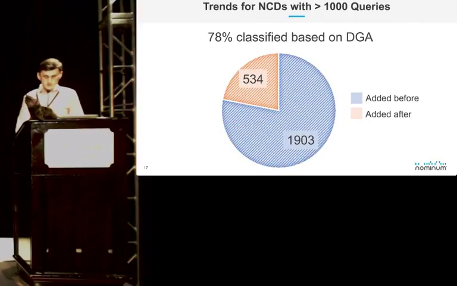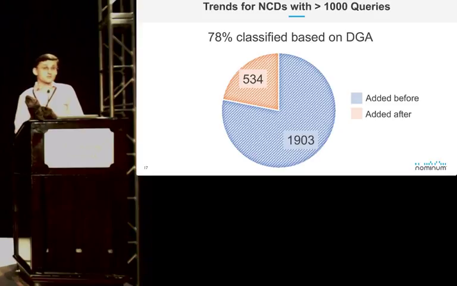Another interesting statistic is that more than half of the domains we actually blocked before we saw the first query. And it's not really magic. It's the hard work of using the algorithms that are available through some of the cybersecurity communities.